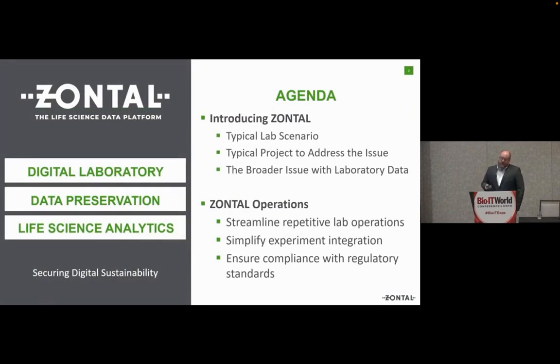So I will quickly introduce ZONTAL and then show you what you can build, what our customers can build with the entire platform. And this is one of the steps towards a real digital lab.